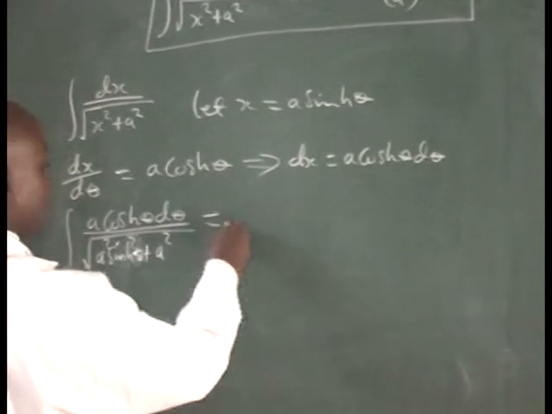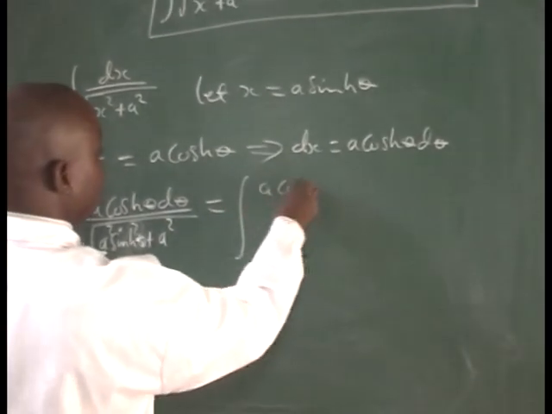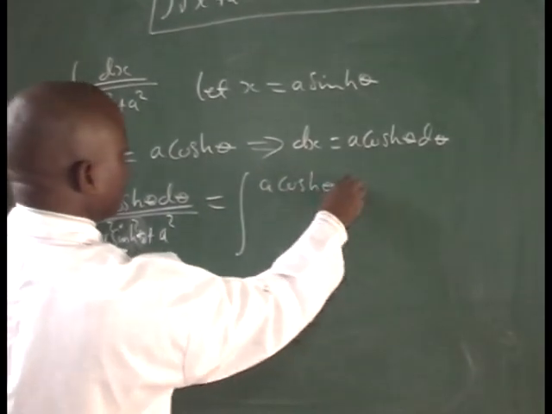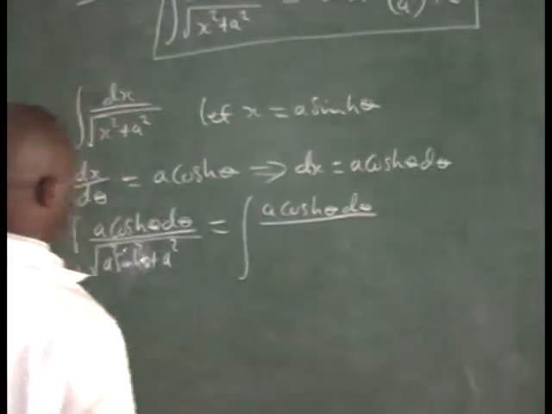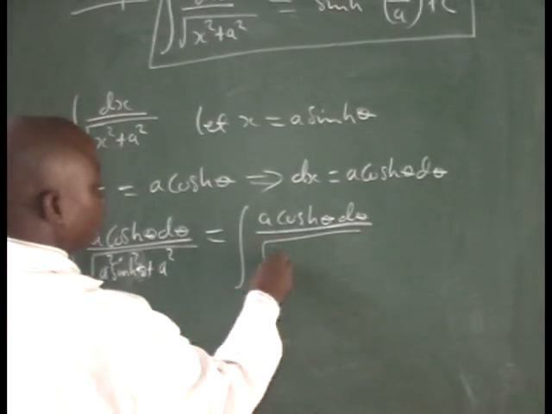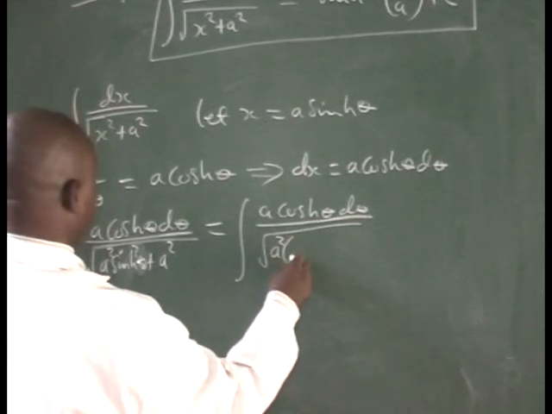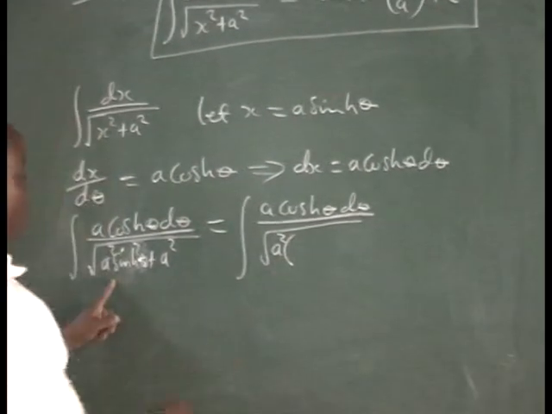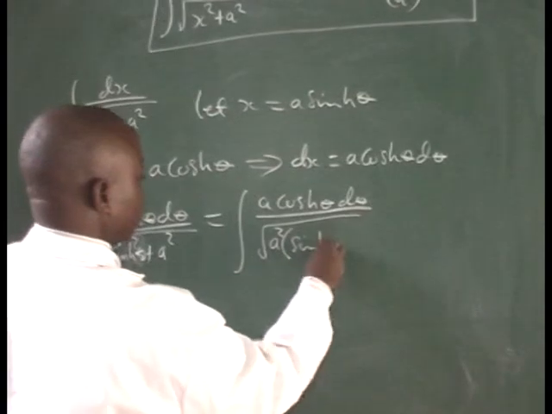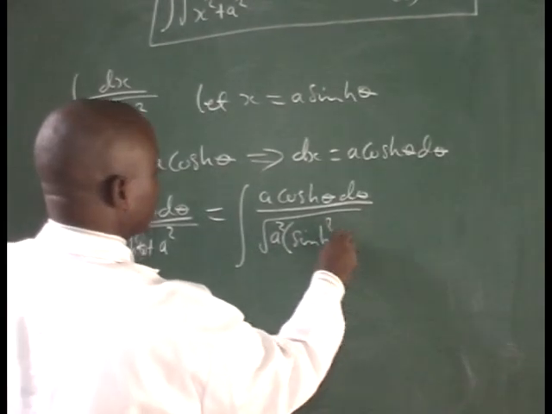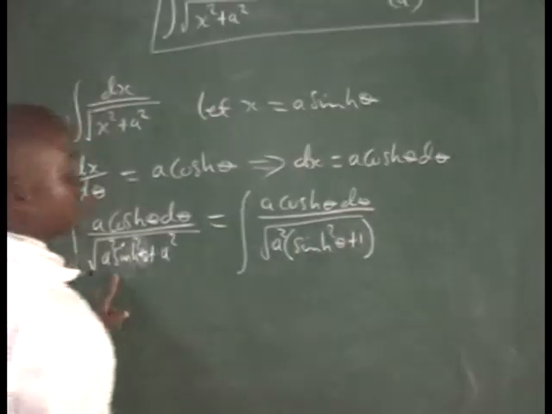And we can write this as the integral of a cos theta d theta all over the square root of a squared, then we have sine squared theta plus 1.